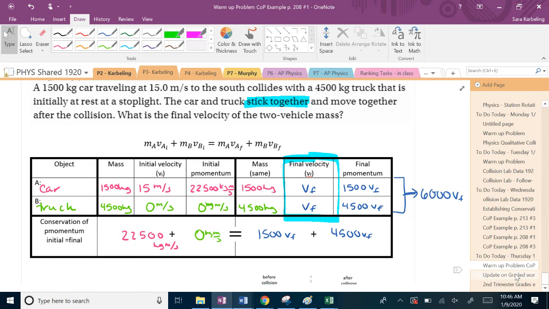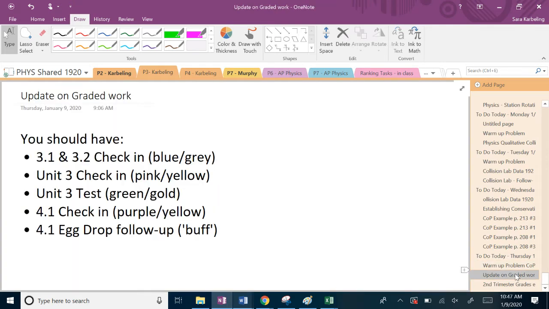In addition to the folders that you have, there is also going to be some of this work as well. Okay. The 3.1, 3.2 check-in was either blue or gray, depending on which version you had. The unit 3 check-in was 3.1 through 3.3, either pink or yellow, and then the test was green or gold. Okay, those 3 things are all in there.